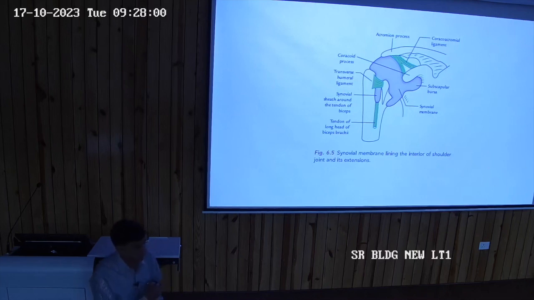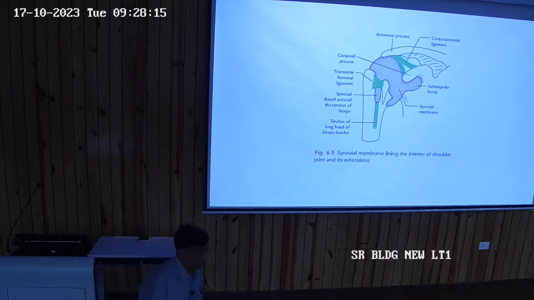And this is also showing the bursa. So what are the three openings? One is below the subscapularis muscle, that is called the subscapularis bursa. Another is the infraspinatus bursa, and the third one is the acromial bursa.